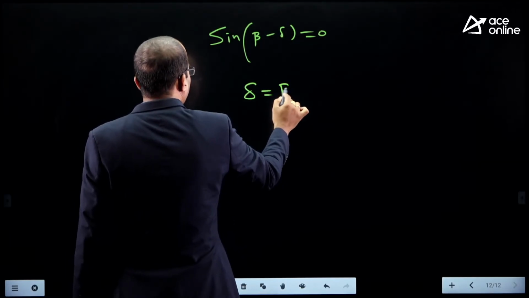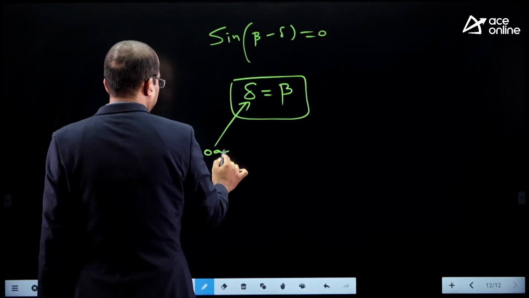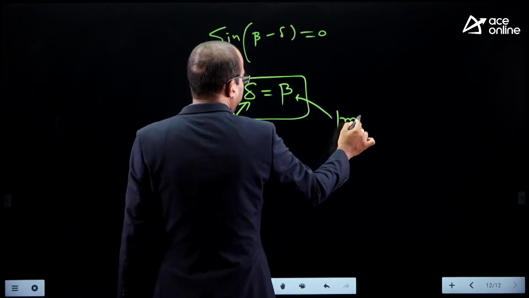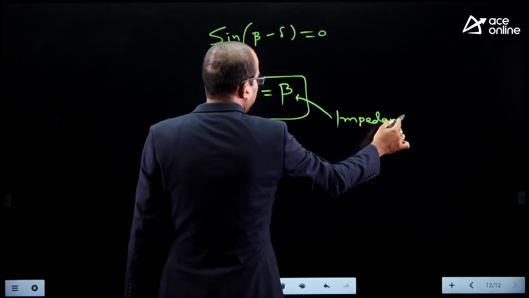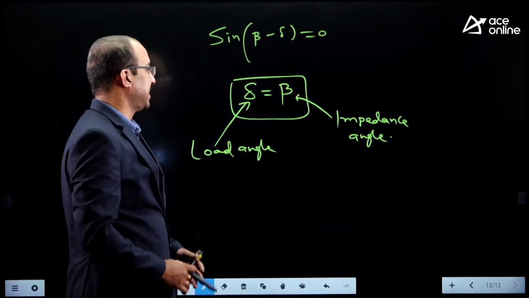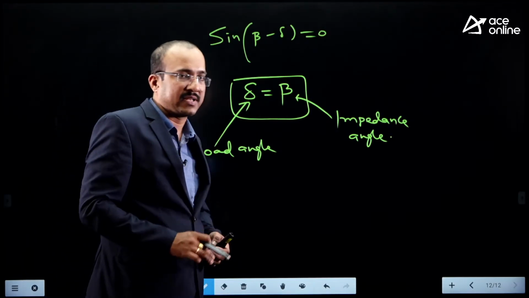So when delta equal to beta, that is when load angle is same as the impedance angle of the transmission line, you will get the maximum power transfer.